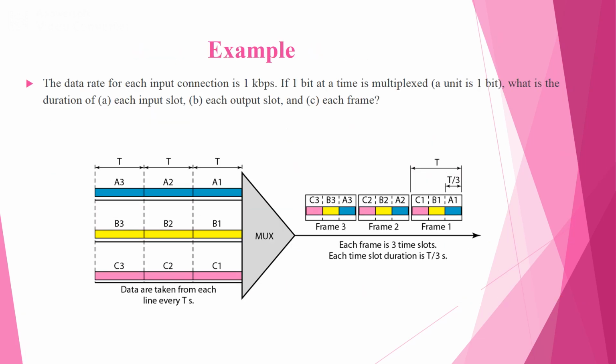The data rate for each input connection is 1 kilobits per second if one bit at a time is multiplexed. That means a unit is 1 bit. What is the duration of each input slot, each output slot and each frame?